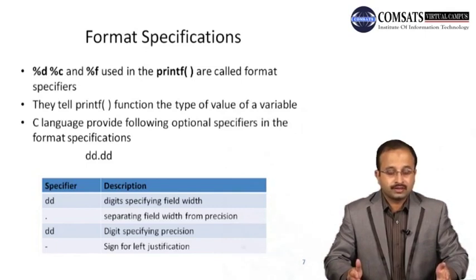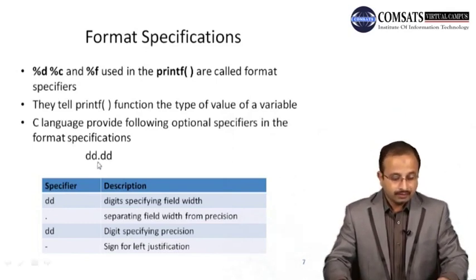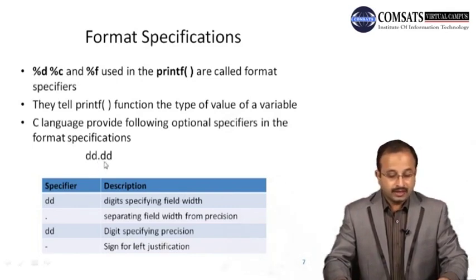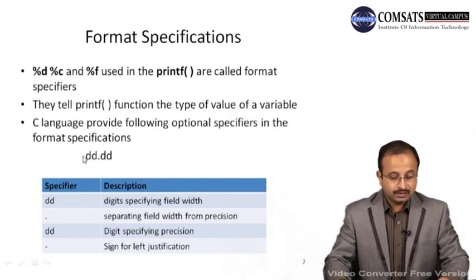That's perfectly fine. Or 4 digits or 5 digits or 1 digit, or maybe the value contains 10 digits as well. And then we have a dot that separates field width from precision, and after the dot we have a digit. This digit specifies precision. We could have a negative sign with this number.